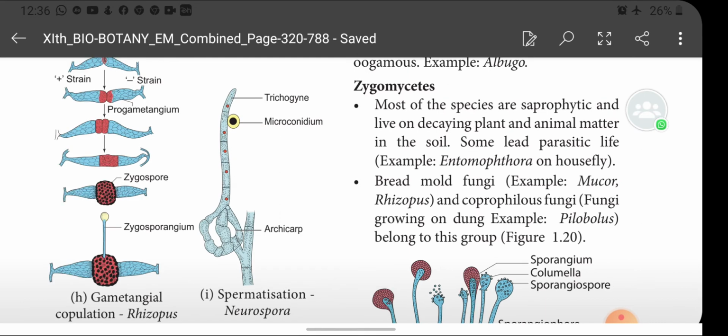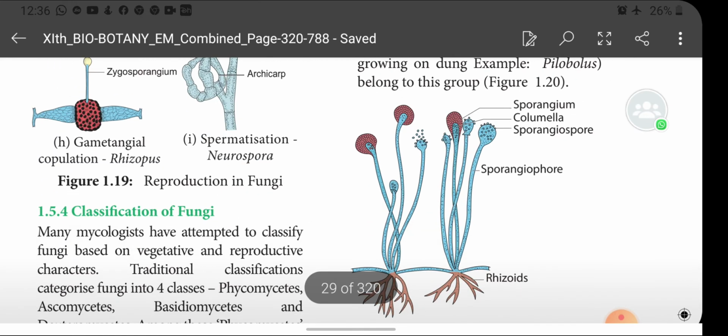Next one is zygomycetes. Most of the species are saprophytic and live on decaying plant and animal matter in the soil. Some lead a parasitic life, example Entomophthora on housefly. Bread mold fungi, example Mucor, Rhizopus, and coprophilous fungi growing on dung, example Pilobolus, belong to this group.